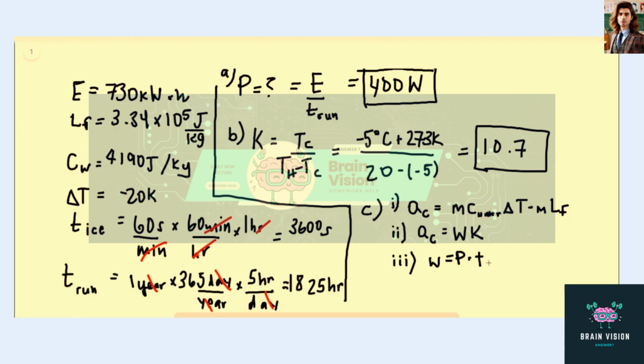So yeah, you just need to multiply to get back to part 3 of part C. You need the time that you want to make the ice in. That's 1 hour, 3,600 seconds, times the power, which is 400 watts.